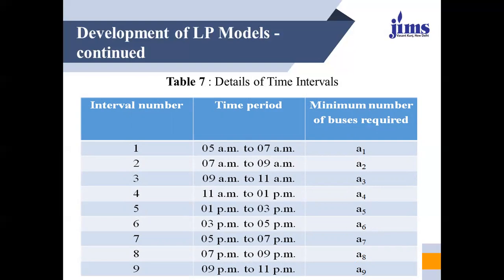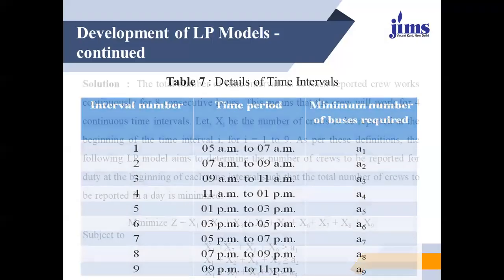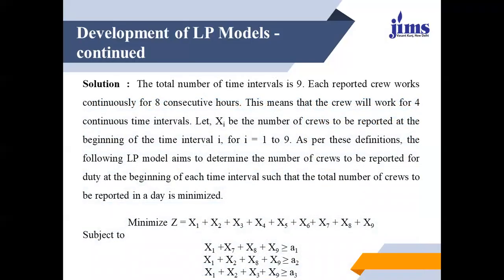So this number of crews has to be reduced to a minimum. So we say minimize x1 plus x2 plus x3, likewise up to x9. So our objective function is minimize z equal to x1 plus x2 plus x3, likewise up to x9.